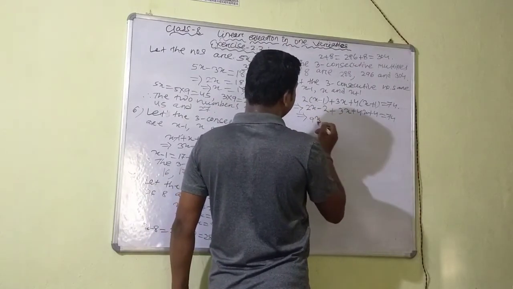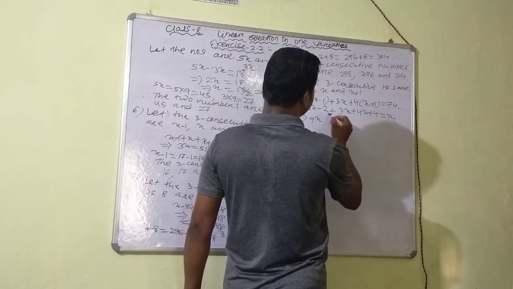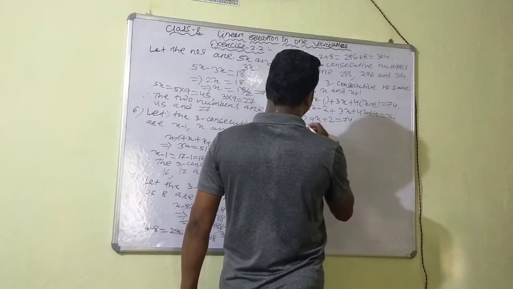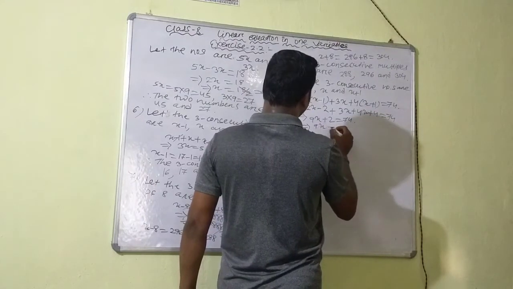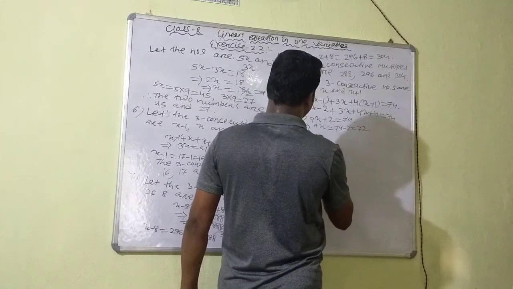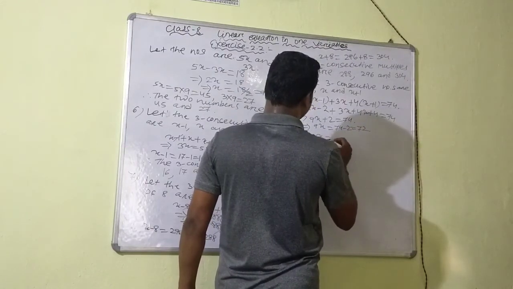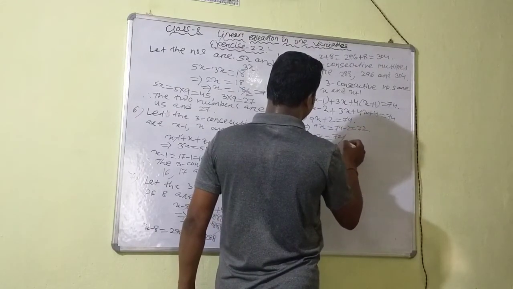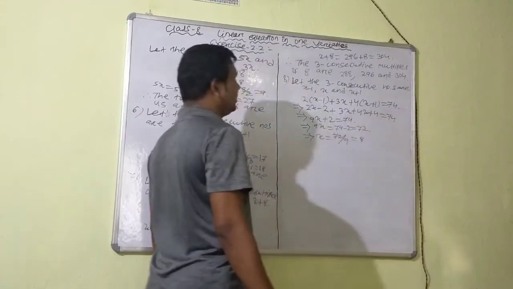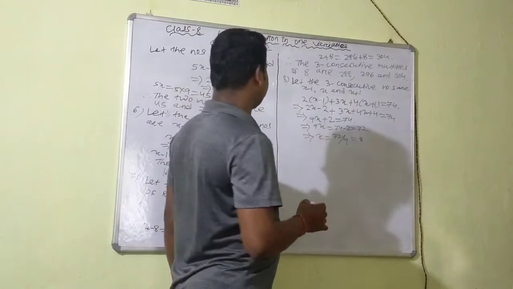So 9x minus 2 plus 4, that is plus 2, equal to 74. Now 9x equal to 74 minus 2, that is 72. Next we write x equal to 72 by 9, that is 8. Okay, we got x equal to 8.